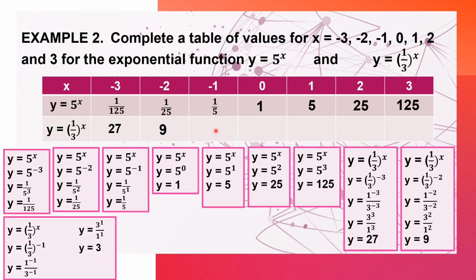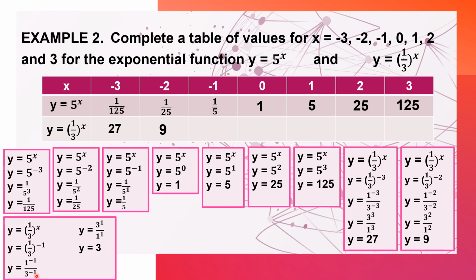So, let's have if x is negative 1. So, just change x into negative 1. Then, 1 raised to negative 1. Then, yung 3 raised to negative 1 din. Then, since negative exponents ang both numerator at denominator natin, i-reciprocal lang natin siya.